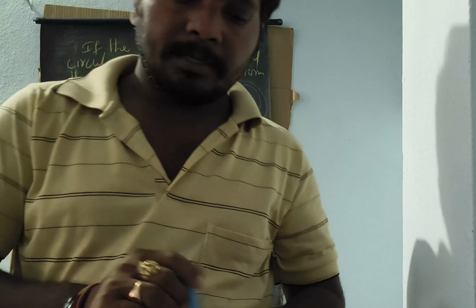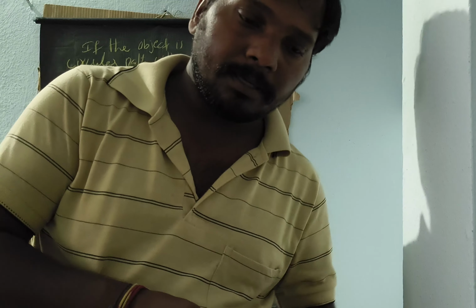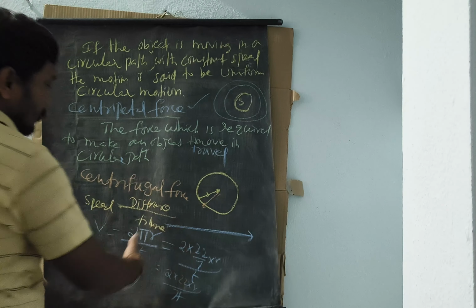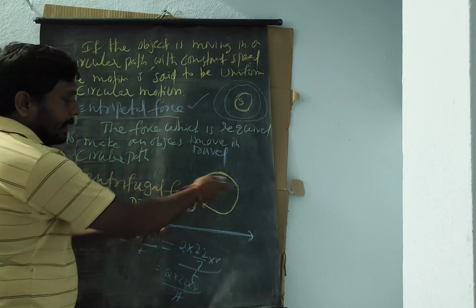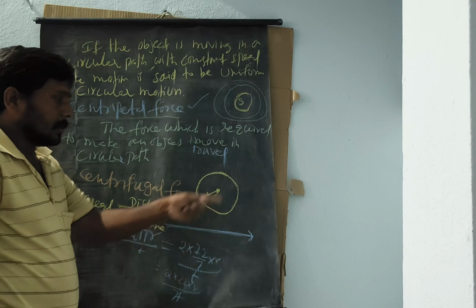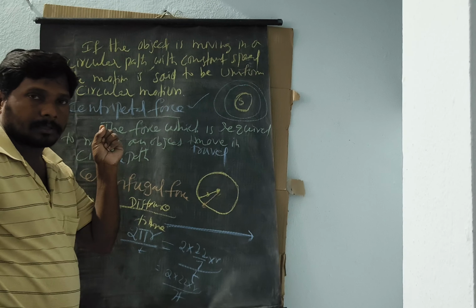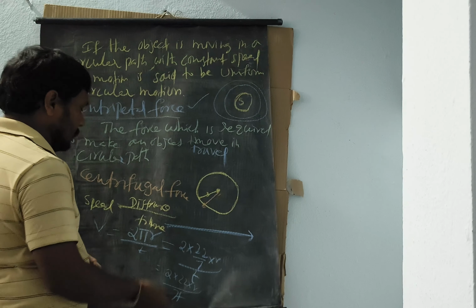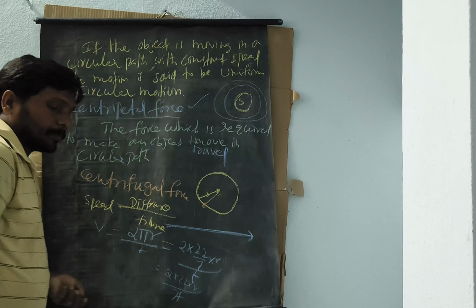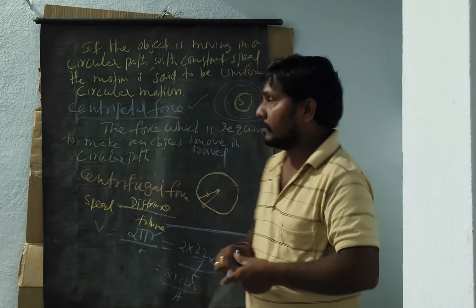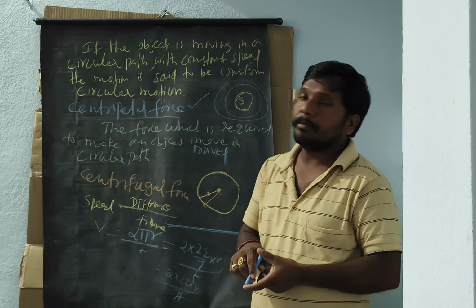So 22 by 7 is a constant. Finally, by substituting values, if you know the radius of the circle and how much time it takes to travel the circular path, then we can calculate the speed of the body which is moving in a circular path.